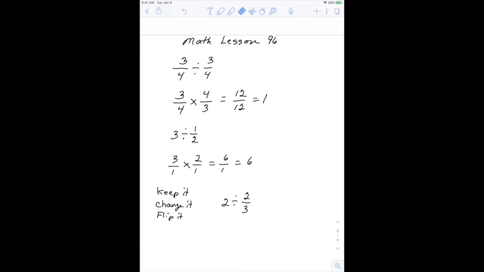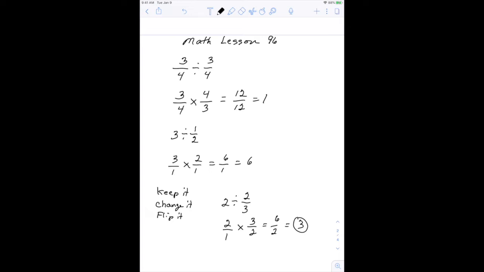We make the 2 over 1, because that's what 2 really is, 2 over 1. We keep that, we change it, we flip it, and we get 6 over 2. Okay, 6 over 2 equals 3. So this would be our answer, 3.